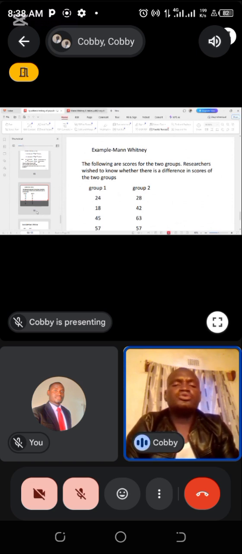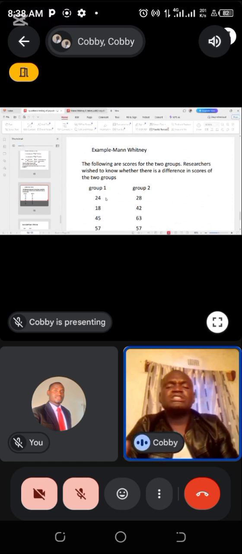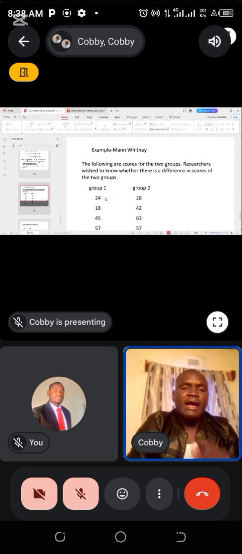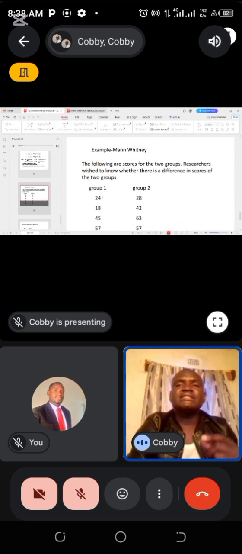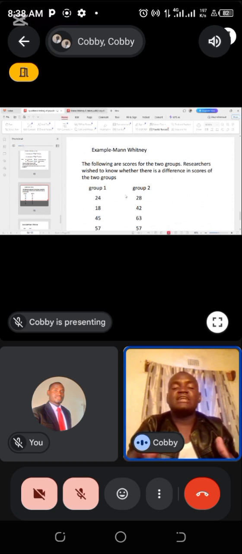So we want to know if there is a significant difference between these two groups. We are going to take group 1 as the exam results for girls, and group 2 as exam results for boys. Now we want to compare if there is a difference in terms of performance between these two groups.